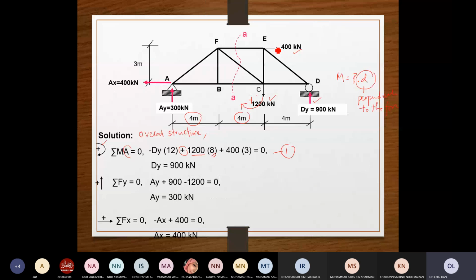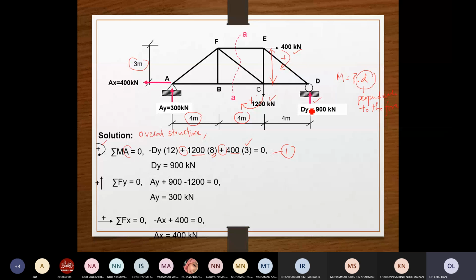Therefore this 400 kilonewton, if measured to A, the perpendicular distance will be 3 meter. Therefore now if you're looking at 400 loading, you shall multiply the 3 meter. And the loads are acting in this direction, so it's still positive here.